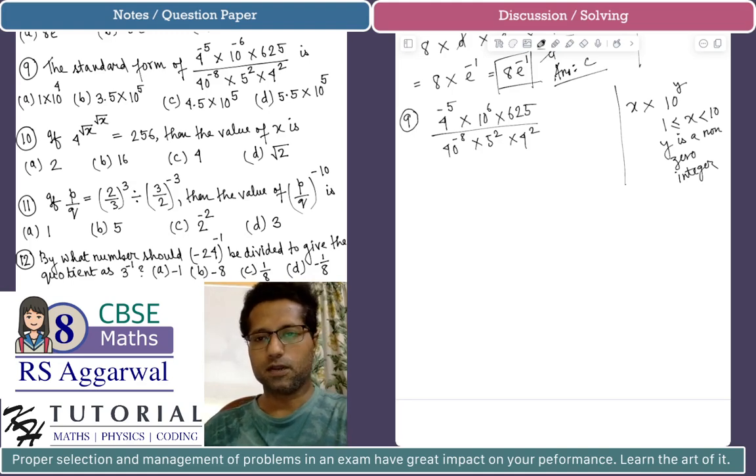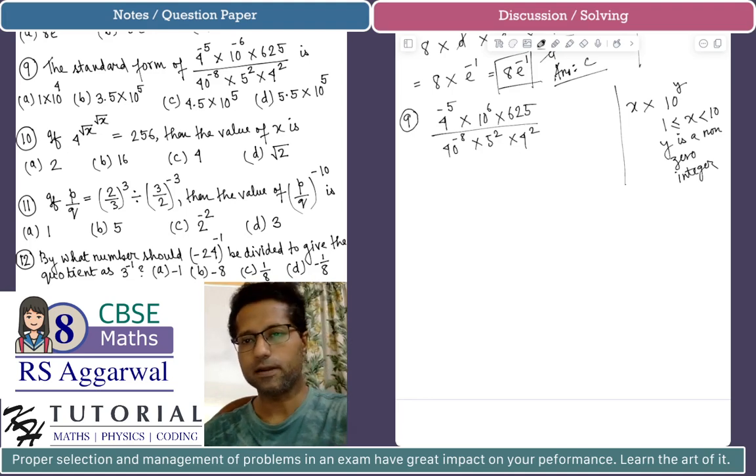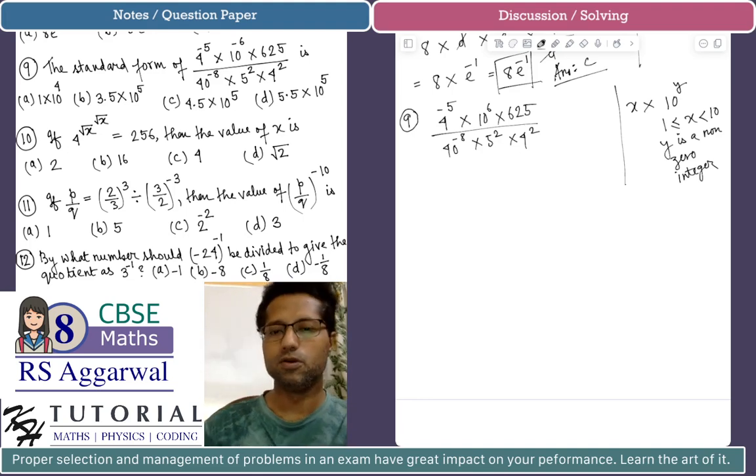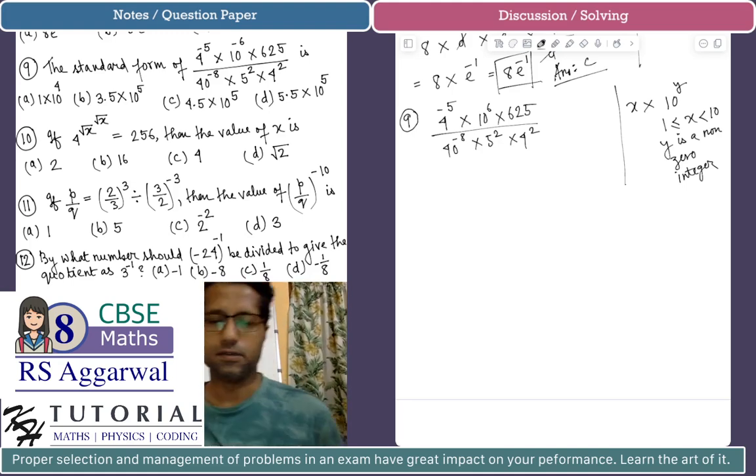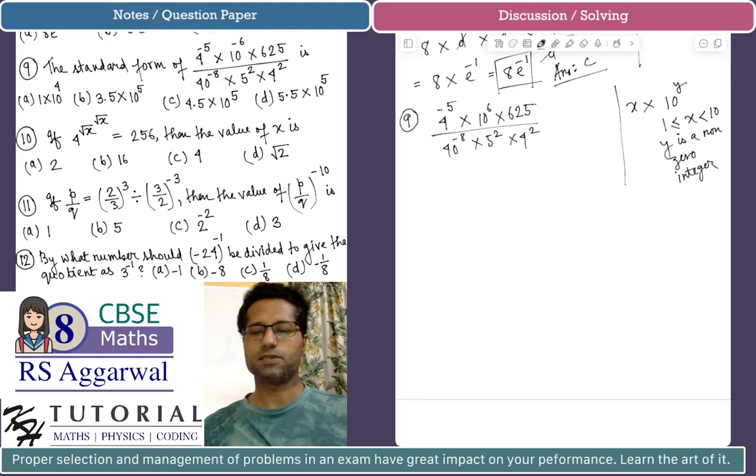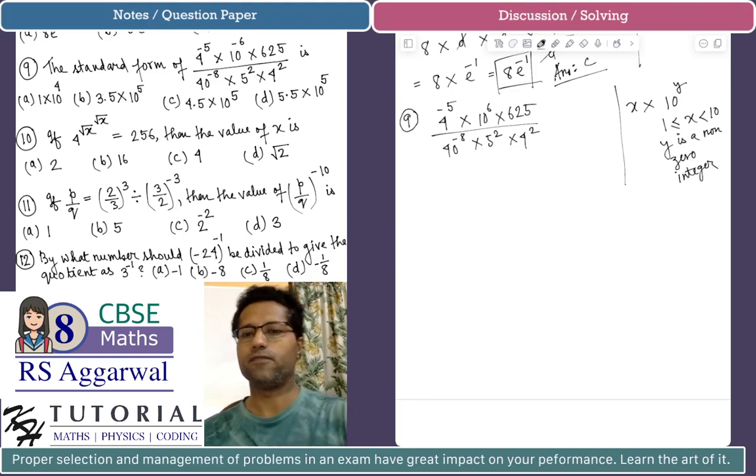So in this kind of problem, wherever you see some powers of 10, leave it. Don't try to group all the powers of 10 into a single one. Try to merge all the powers of 10 from the numerator as well as from the denominator as a single power of 10, because we will need it. The final standard form must have this 10 to the power y factor.